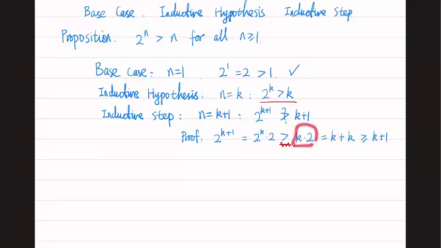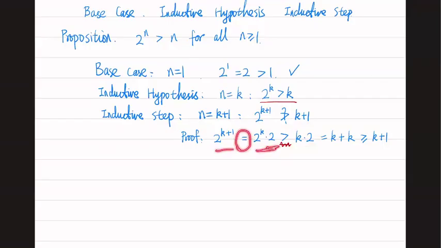You mean from here to here? Which step? So how do we go from here to here? First step. How do we go from here to here?